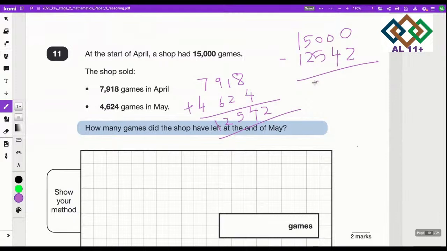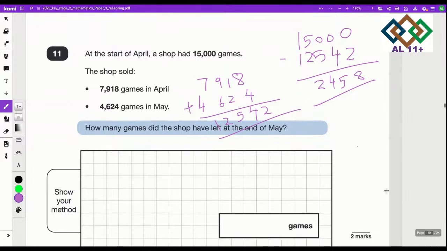You will get 2458. So that is your answer. So remember your steps. You have to remember these steps when you do something like that. So the answer for this one would be 2458.